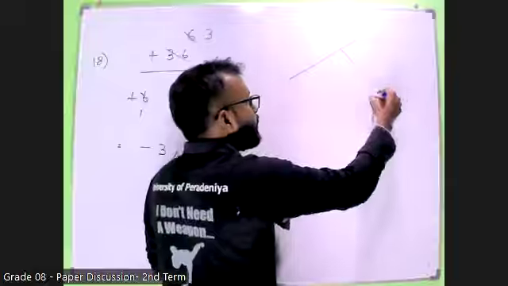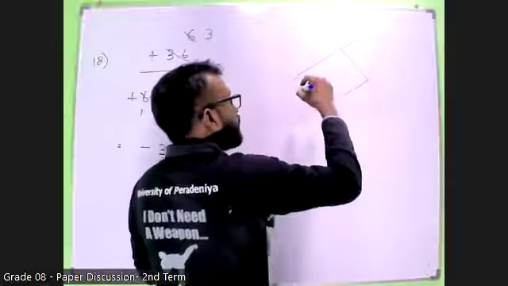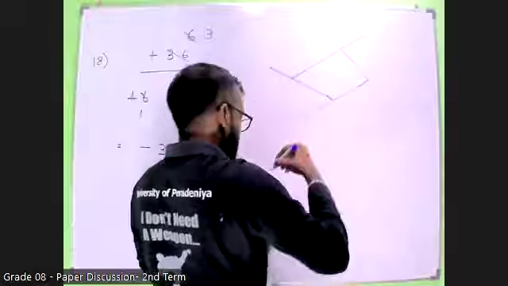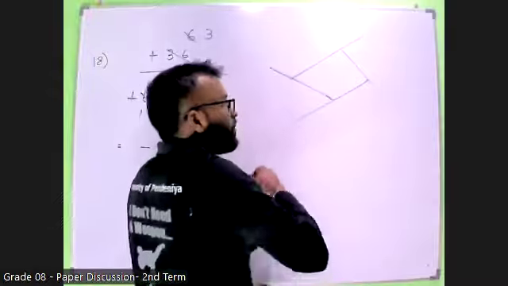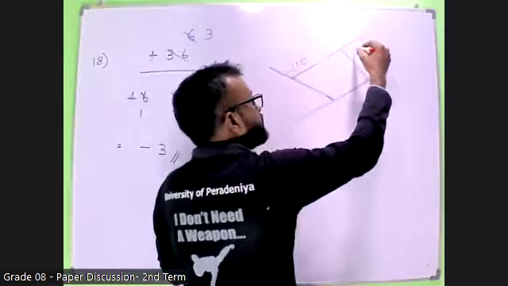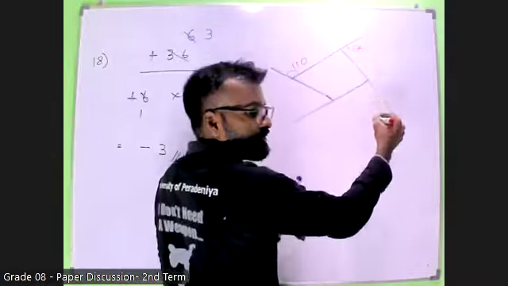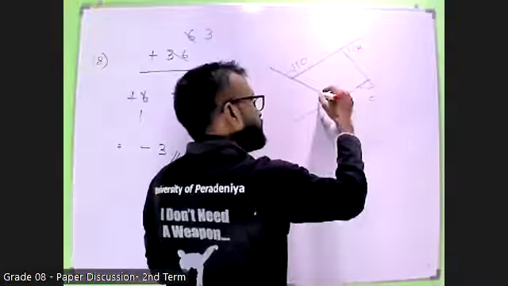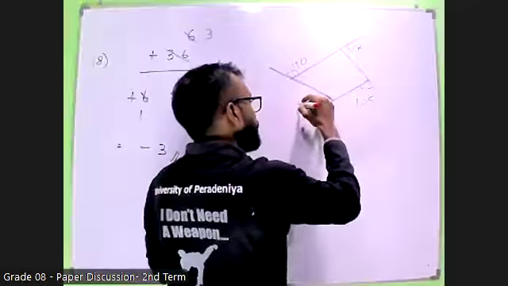So if you have something like this, this is in your paper. This angle is 110. This is what you are going to find, x. This angle is 105. This angle is 85.